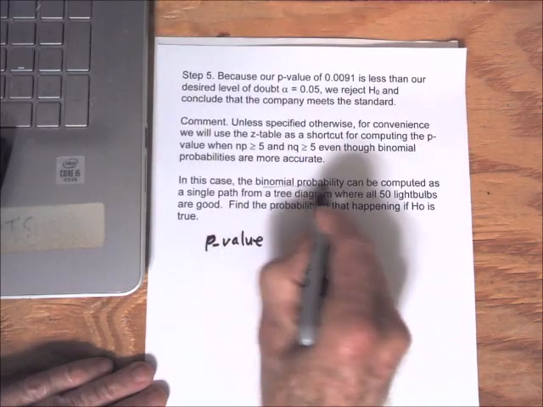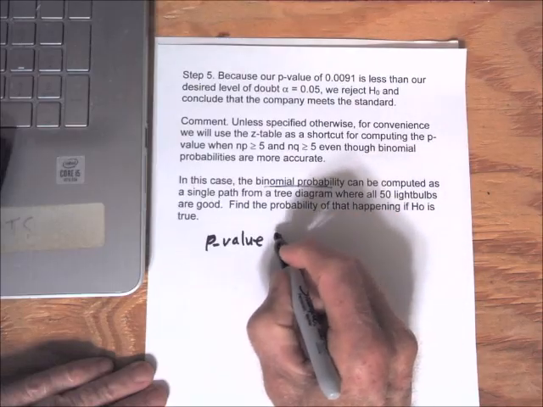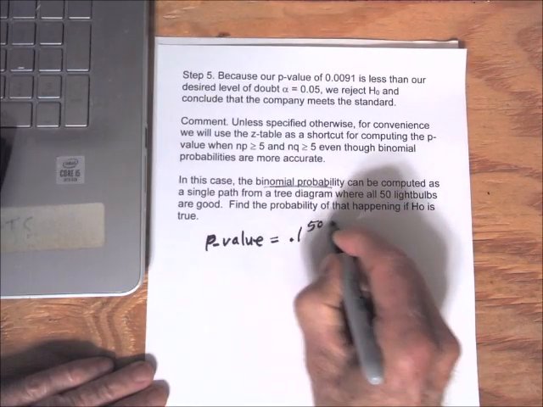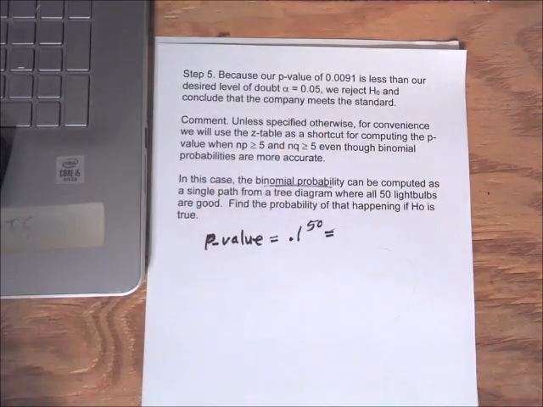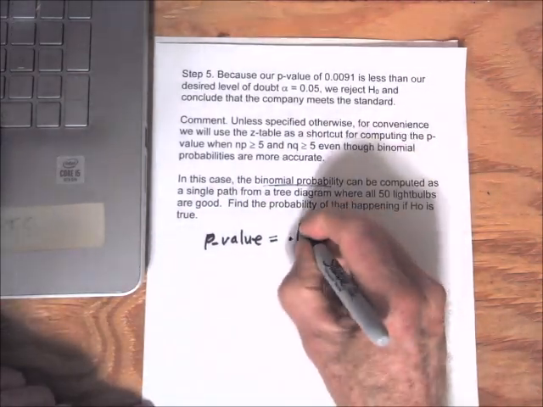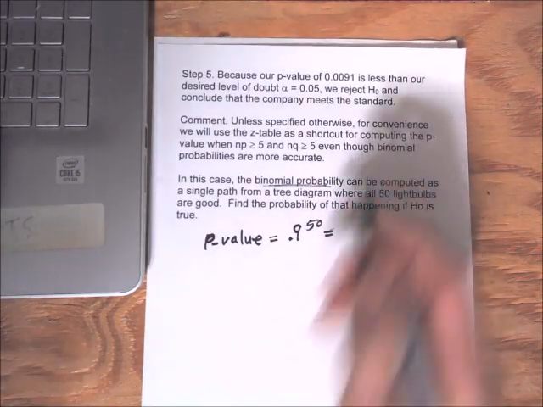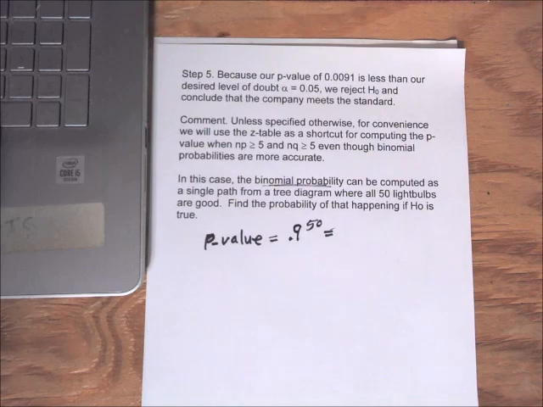So if you're using the binomial probability, the p-value is going to be 0.1 to the 50th power, no, I'm sorry, 0.9 to the 50th power. Because they were all good, the probability the light bulb is good is 0.9.